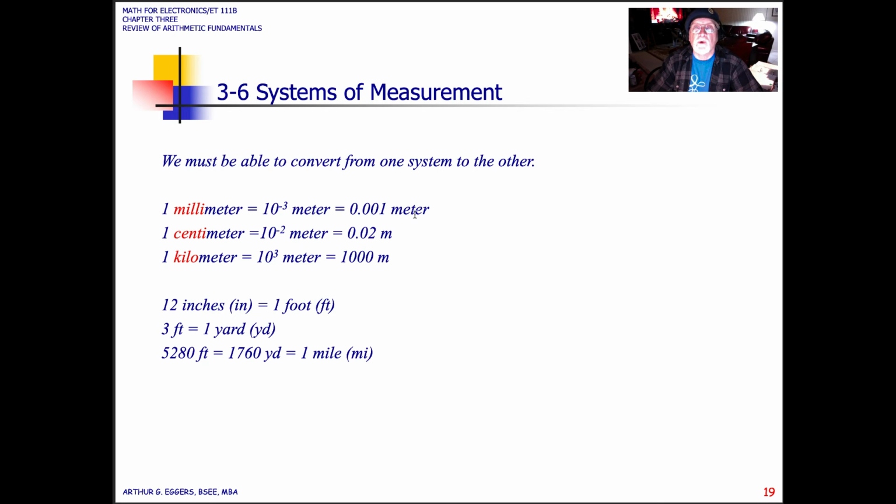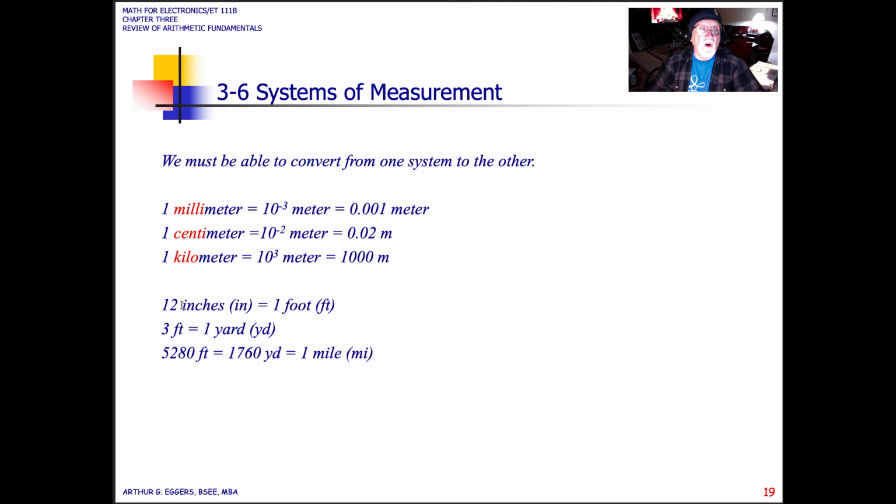If you're not familiar with what a millimeter is, pull out your ruler and flip it to the edge that has meters and centimeters and millimeters, and you'll see what a millimeter is. Tiny, tiny little distance. A centimeter is 10 to the minus 2. A kilometer, though, on the other side, notice we have a positive exponent, is 1,000 meters.